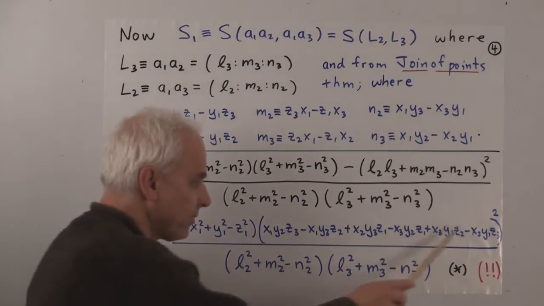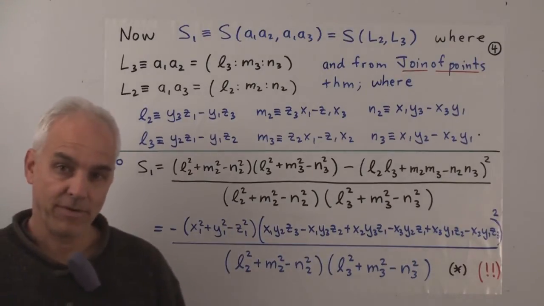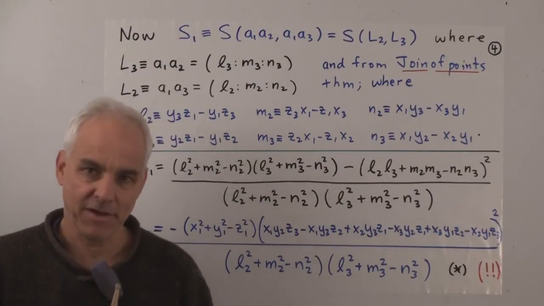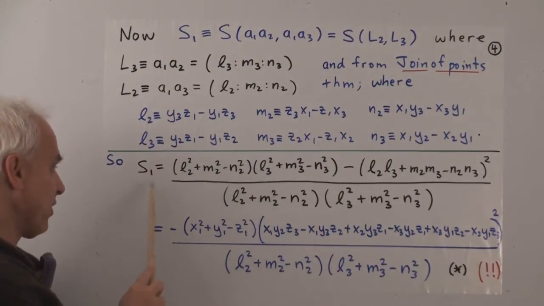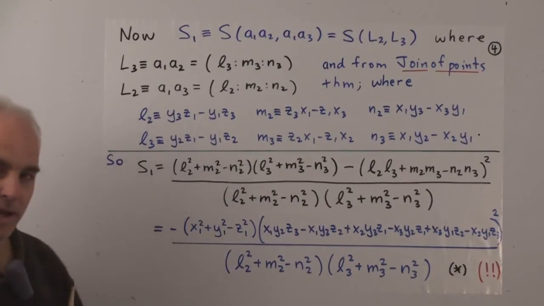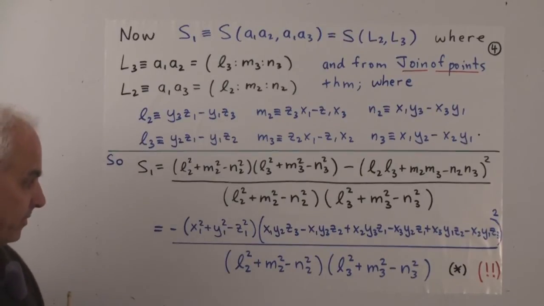And what is this whole thing? It's an expression that we've seen before. It's exactly the determinant of the 3 by 3 matrix that you get by putting x1, y1, z1 in the first row, x2, y2, z2 in the second row, and x3, y3, z3 in the third row.